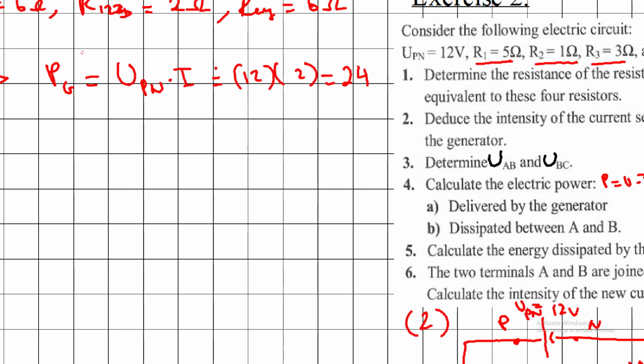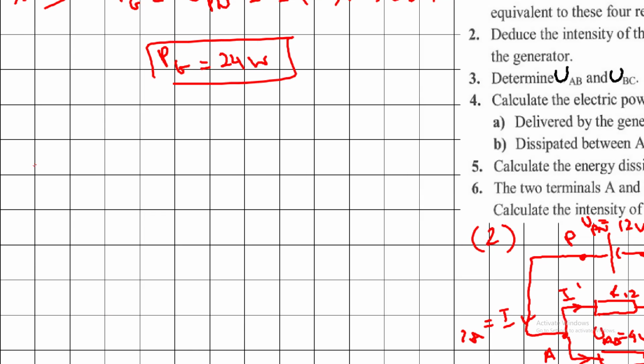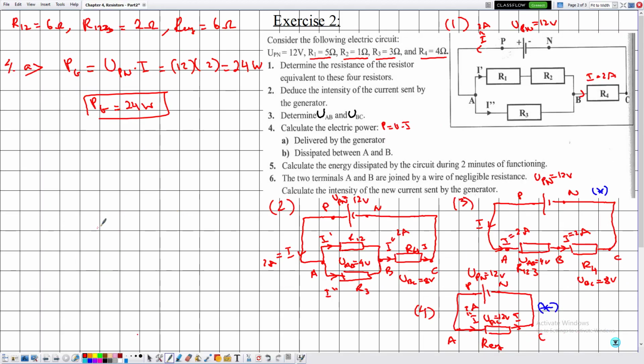Since both U and I are expressed in the SI, the value of P is in watts. Then P of the generator G is equal to 24 watts. So the generator is considered to be an electric component traversed by current I and having a voltage U equal to 12 volts, and the current is equal to 2 amperes. So by definition its power is given by 12 multiplied by 2.